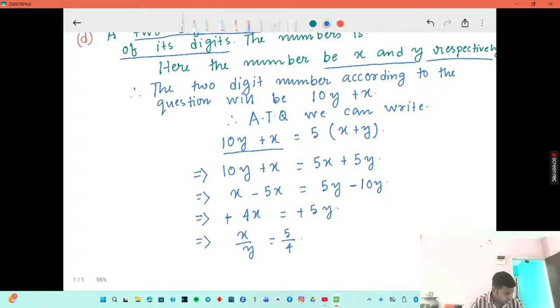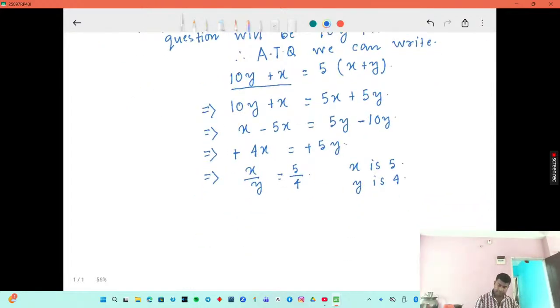Okay, so now here clearly we can see that the value of x is 5 and the value of y is 4. So the two digit number will be 45.